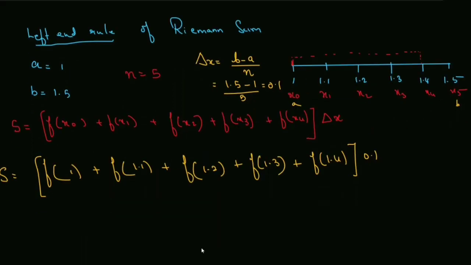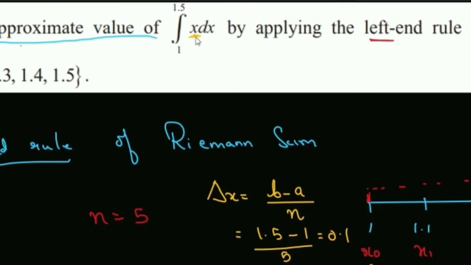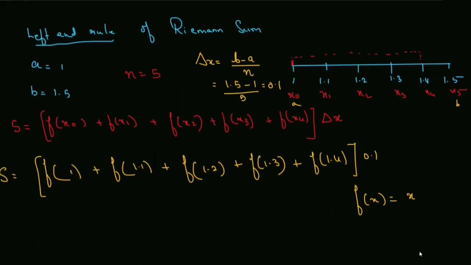Now we need to find f of 1, but the function given here is x. That means f of x is equal to x. If it were x square, you would write x square. Here it is the identity function. f of x equals x is called the identity function, which means it gives the same thing. So f of 1 will give you 1, and f of 1.1 will give you 1.1.